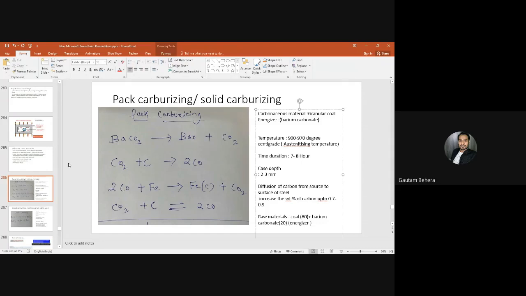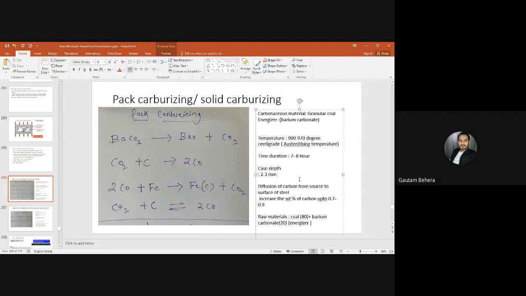How many of you remember what happens at high temperature basically? Grain coarsening, very good. That is the answer. Grain coarsening will take place because the temperature is very high, and if the duration is also high, like in case of carburizing, the grain will become coarser.